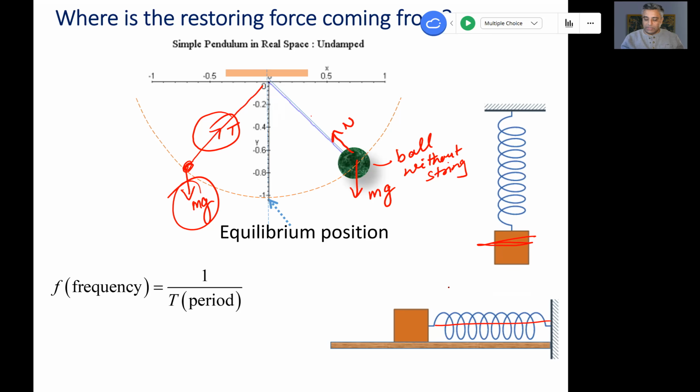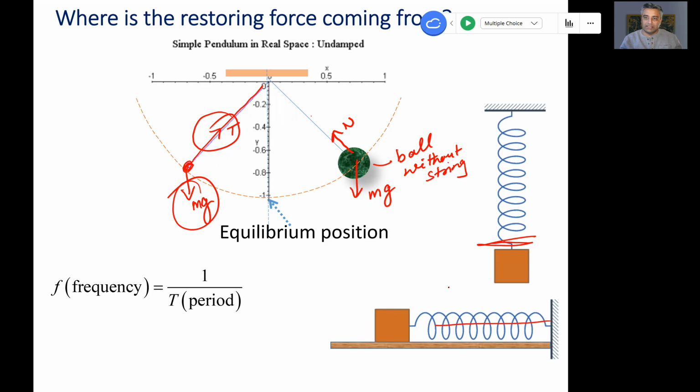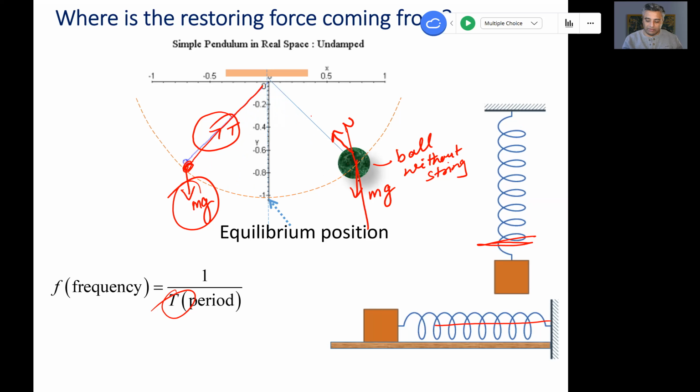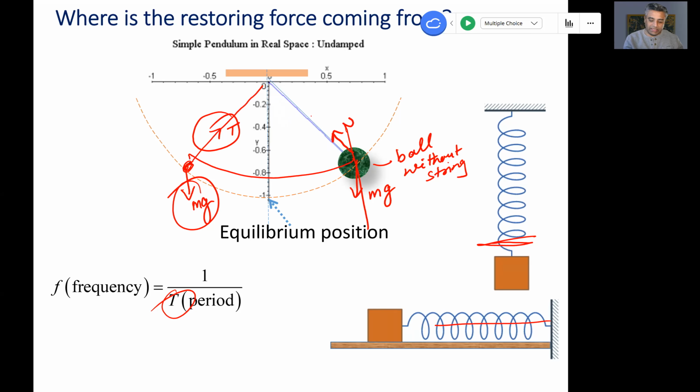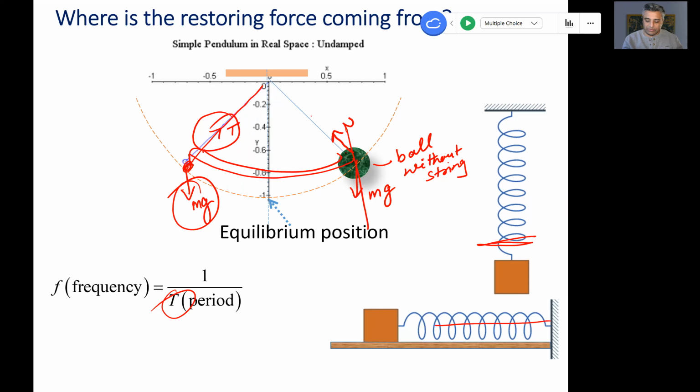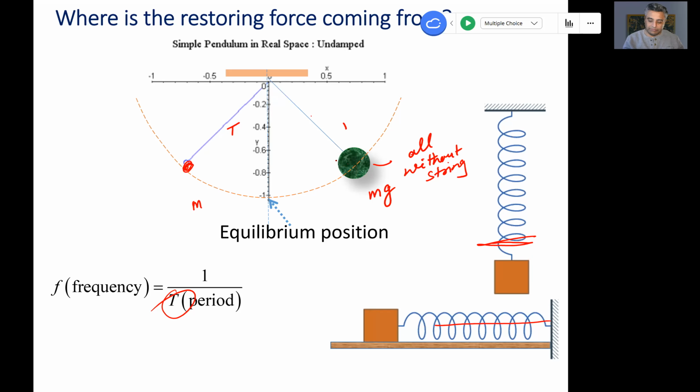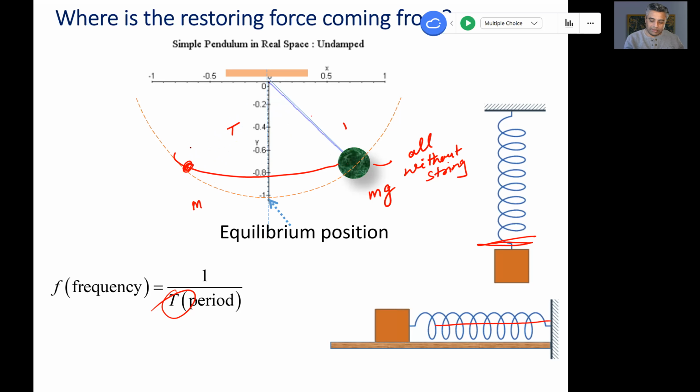So again, when they are oscillating, we can talk in terms of the period of oscillation. For the pendulum, it goes there and comes back. That's one oscillation, okay? If it starts from here, that's the time for one oscillation.